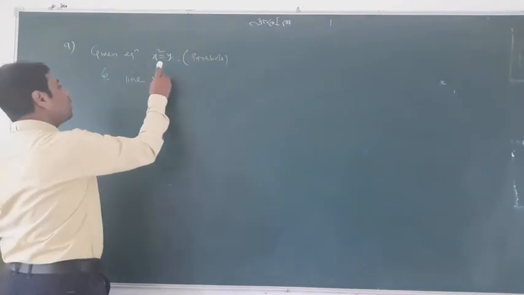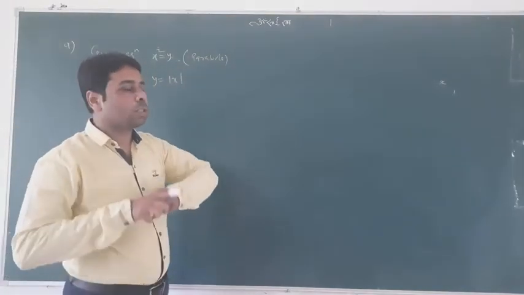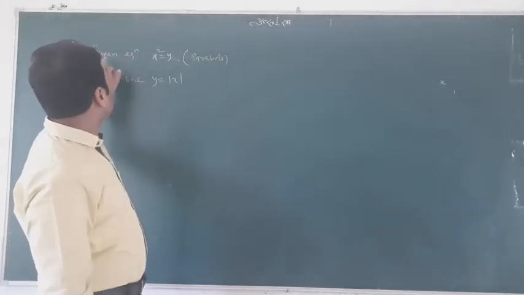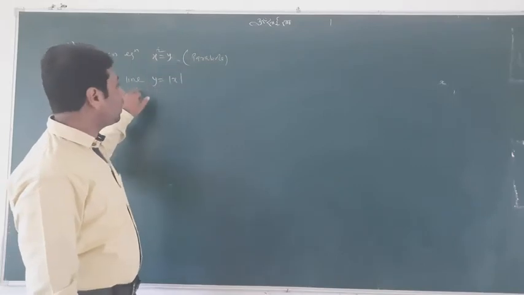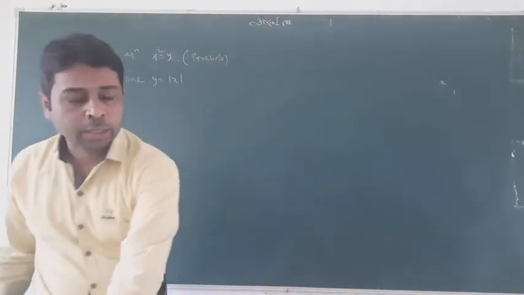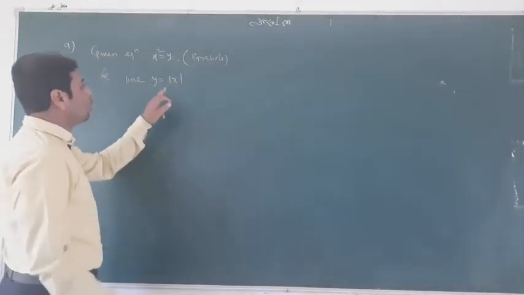I tell you one thing, it's a very interesting question. Actually, we have been given the equation x square equal to y, and the line y equal to mod x. I just want to tell you about the line y equal to mod x.